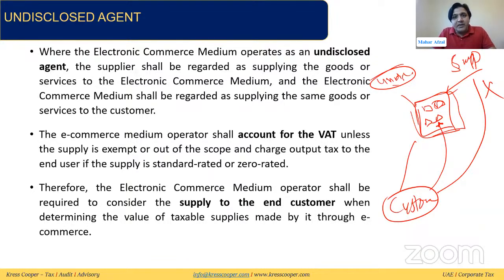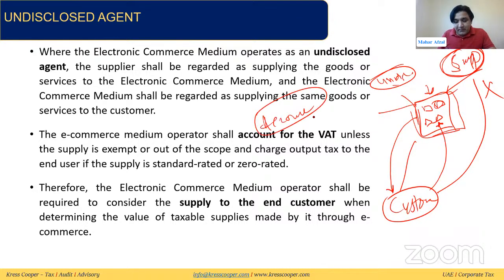In case of an undisclosed agent, it will be assumed that the goods are being supplied by the supplier to the platform operator, and the platform operator is supplying the goods to the customer. So when the supplier is supplying these goods to the platform operator, the public clarification says the platform operator accounts for the VAT.